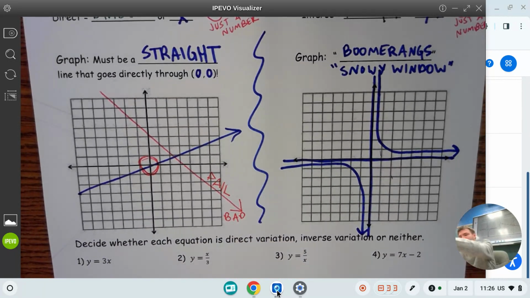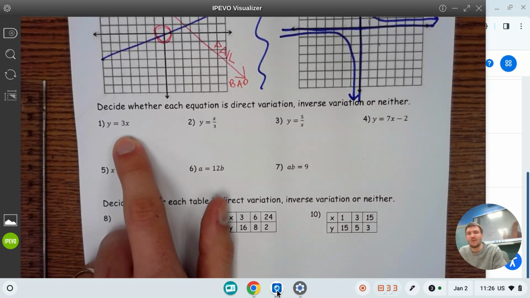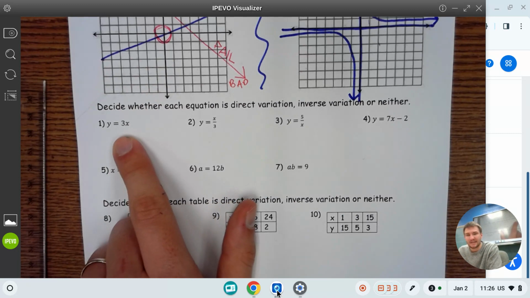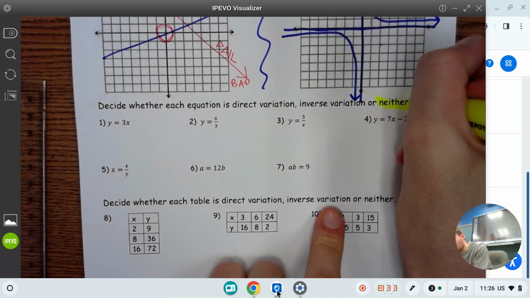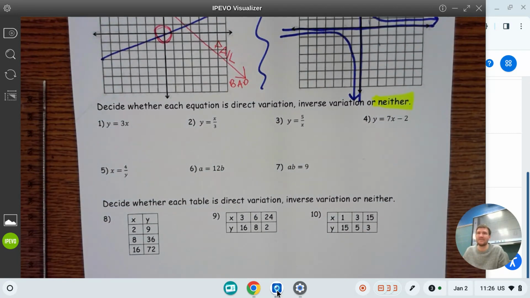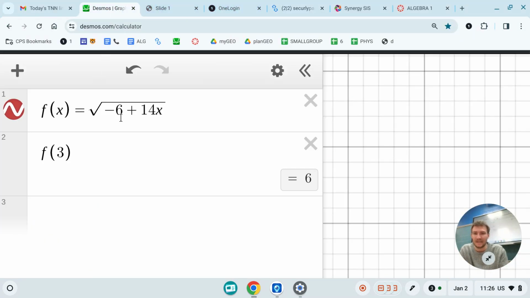So, let's see it. What we're going to do is decide whether this is direct, inverse, and importantly, possibly neither. Neither is an option. So, looking at this, the first question says y equals 3x. I'm going to Desmos.